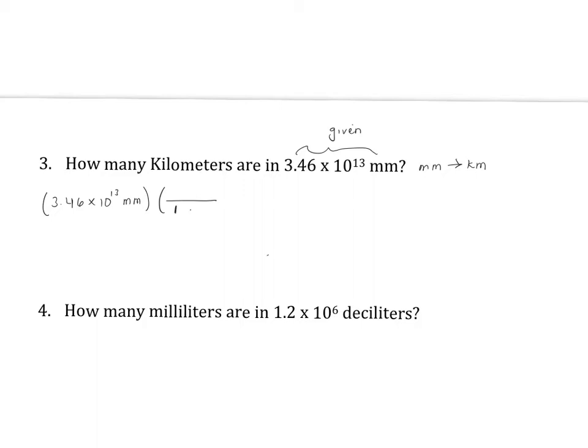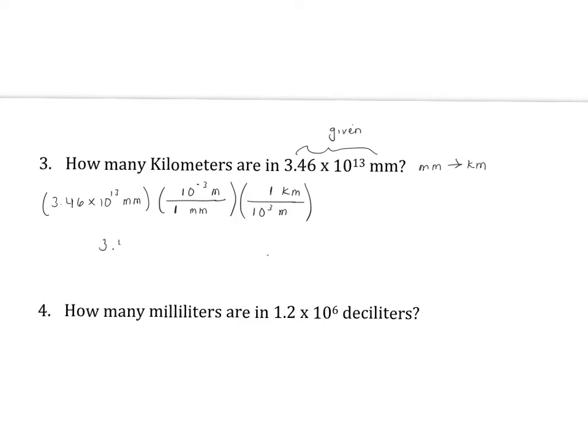We know that for every 1 millimeter, there's 10 to the negative 3 meters. And we also know that there's 10 to the 3 meters in 1 kilometer. You don't have to use your calculator for this. If you don't use your calculator, this is how you would go about solving this using your exponent rules.